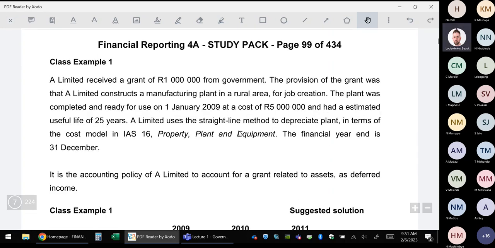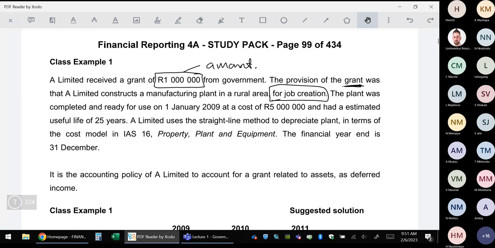All right, example 1. A Limited received a grant of R1 million from government. The provision of the grant was that A Limited constructs a manufacturing plant in a rural area for job creation. Okay, why do we have grants? Because we want to create jobs. You see there's a grant. That's the amount of the grant.